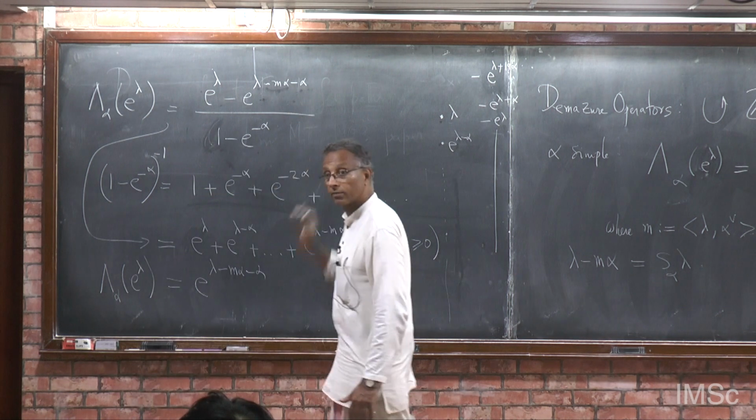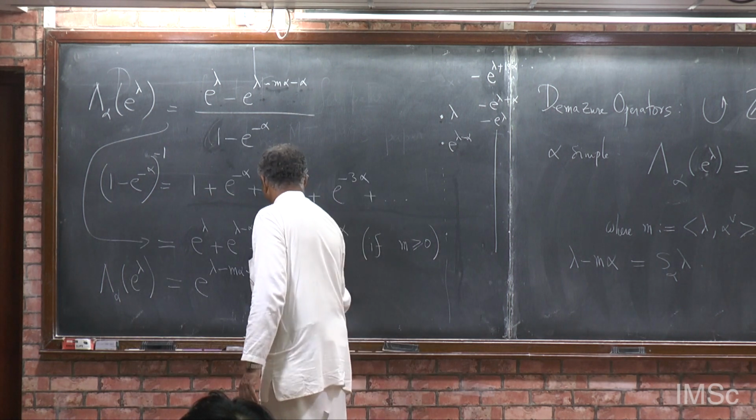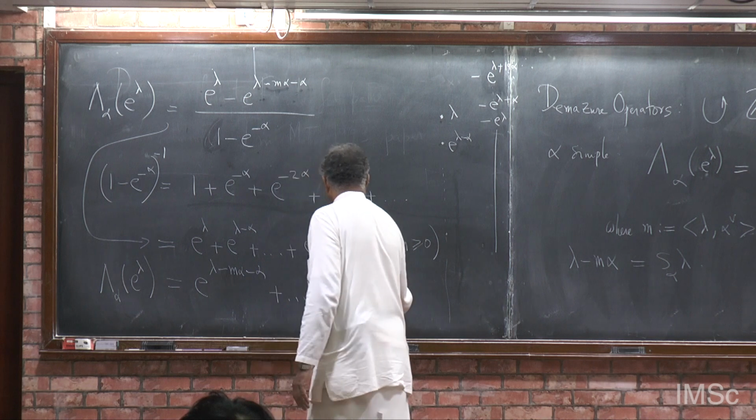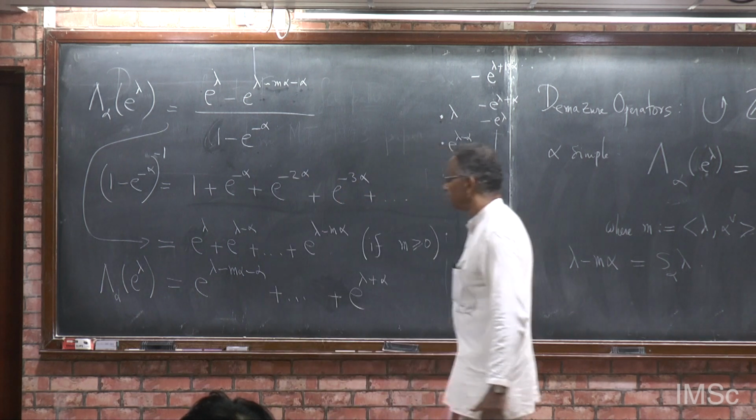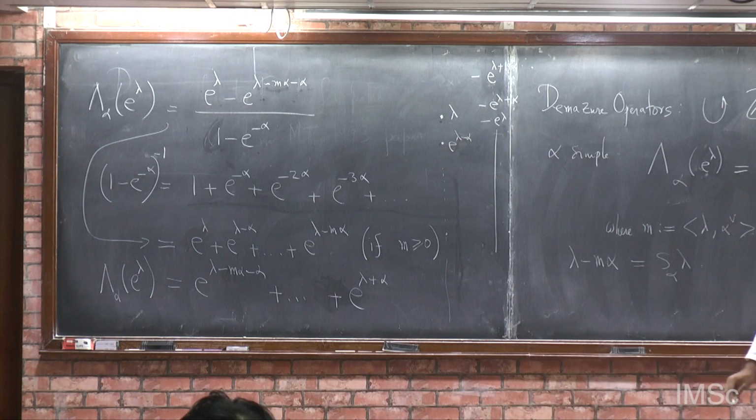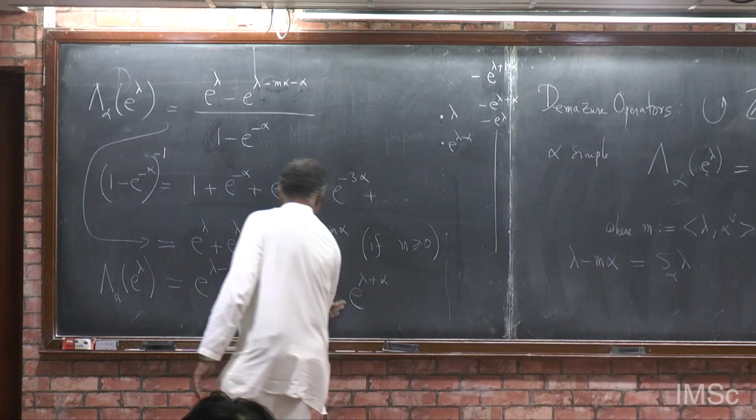This is where we start, okay? Plus dot dot dot plus e to the lambda plus alpha. Sorry, minus, the whole thing is minus.